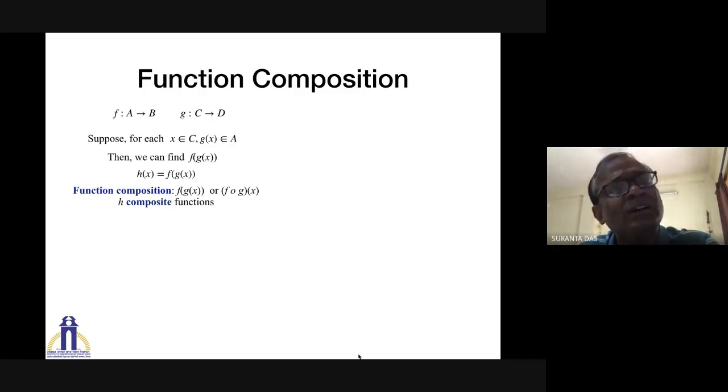There are two ways of representing this function composition. f of g of x is one way. Another way is f small o g. This o means the composition operator. We are composing f and g, and after composing these two functions, I'm getting a new function called h. This h is called a composite function.